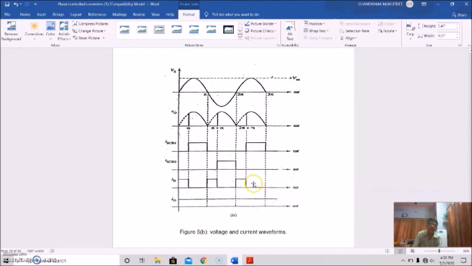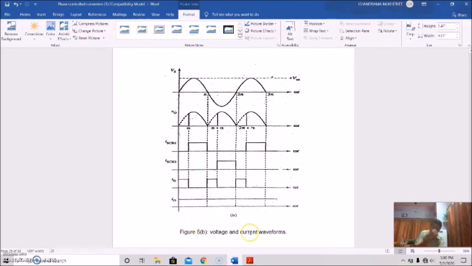So in this way we are finding a constant output current, without any variations. It's almost constant.